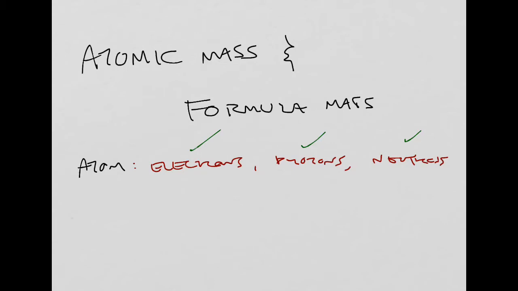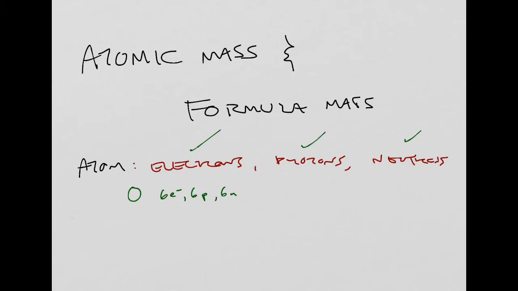And we understand that because, say, for example, we have something like the element oxygen. Oxygen's going to have 6 electrons, 6 protons, and 6 neutrons in its most common isotope.